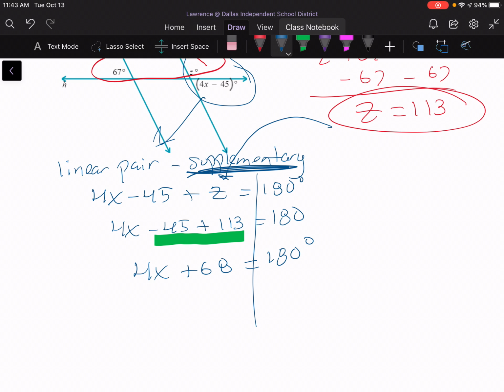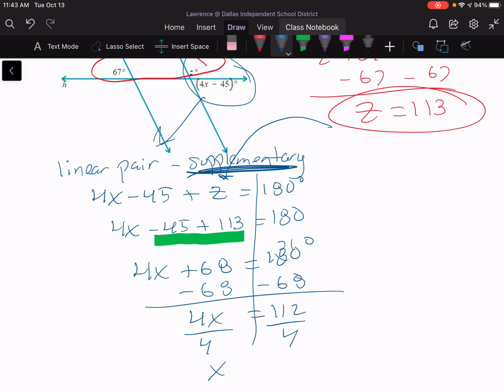And then once again, I need to get x by itself, so a little bit of subtraction and a little bit of division will get me exactly what I need. So this is going to leave me with, let's see here, 112. And then I'm going to do some quick division. Once again, grab my calculator here. 112 divided by 4 is 28.